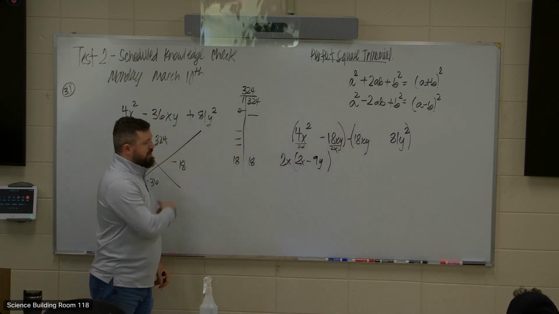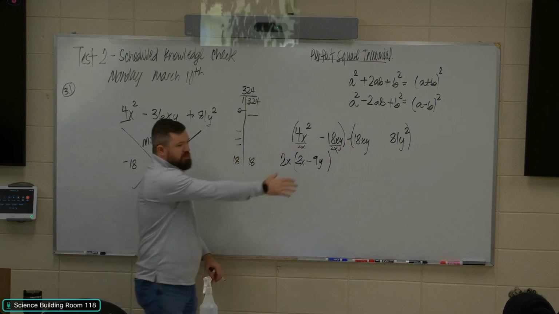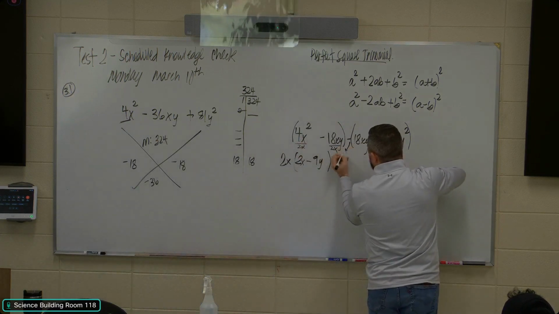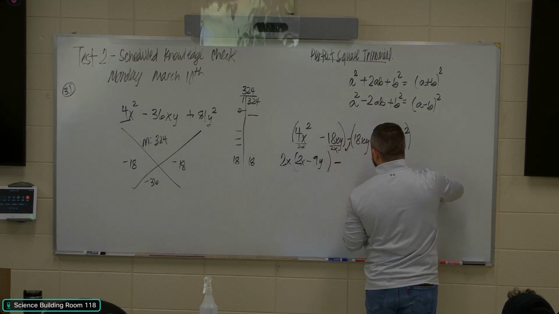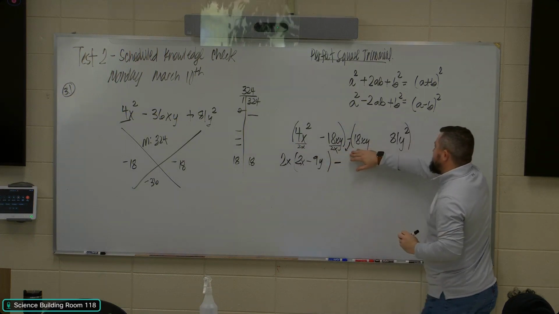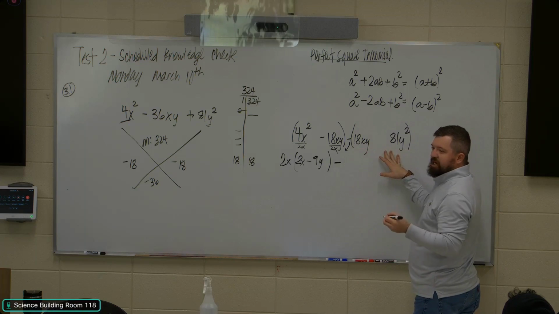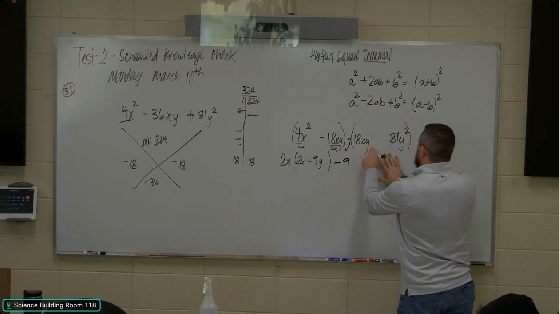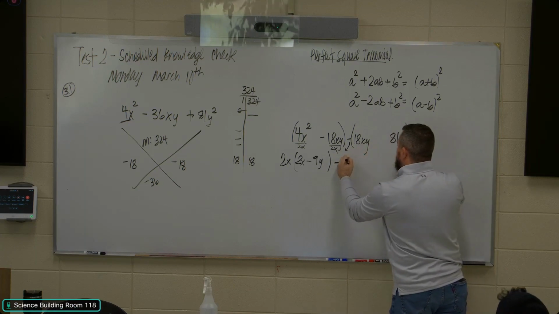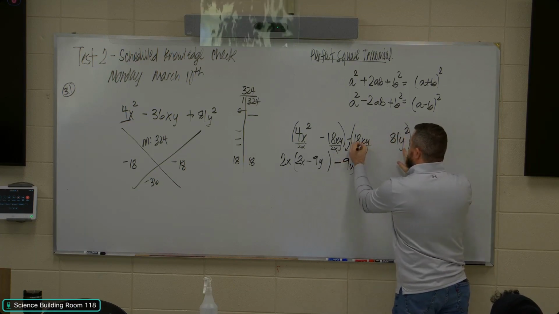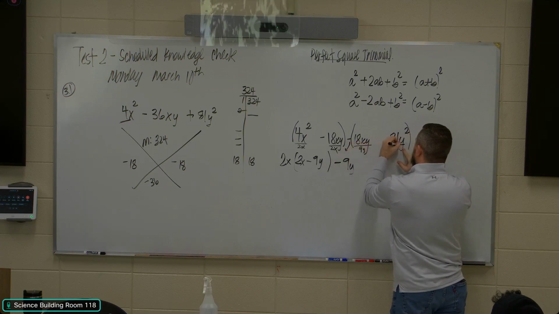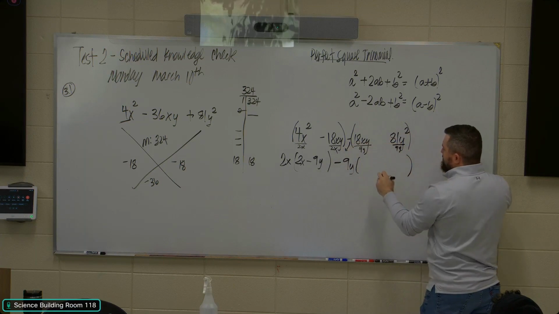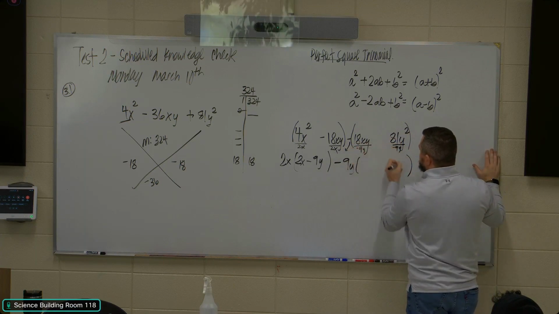So just factoring by grouping is what we're doing. I've done the front group. Let's do the back group. I bring down my minus sign. 18 and 81 have a 9 in common. 9 goes into both those numbers. And xy and y squared have a y in common. So divide both by negative 9y.